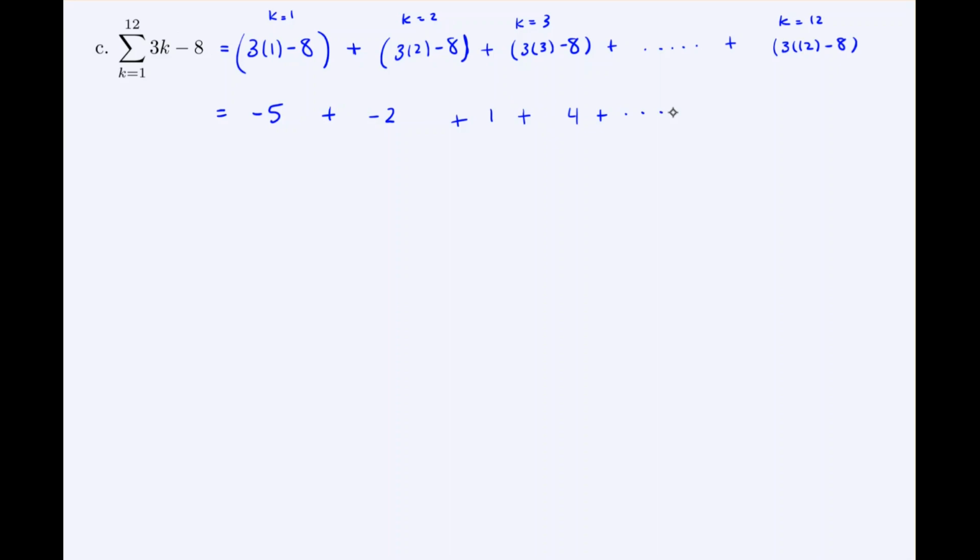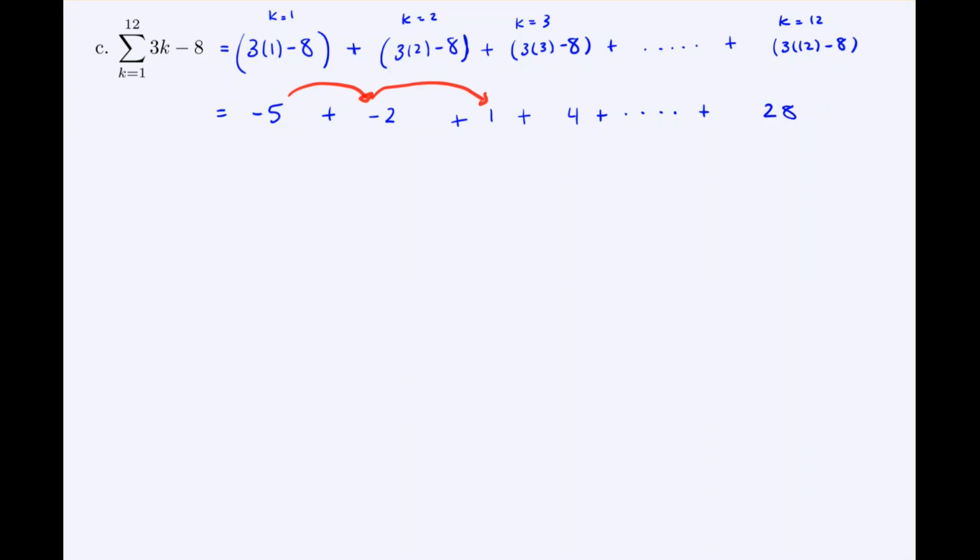And as we're looking at these terms, our final one is 3 times 12 is 36, minus 8, and that should give us 28. Now notice I'm not writing out all these middle terms. I'm just writing out the first few to try to get a sense of a possible pattern. And what I've noticed is, at least in the first 3 terms, do you see I added 3 to get from negative 5 to negative 2.